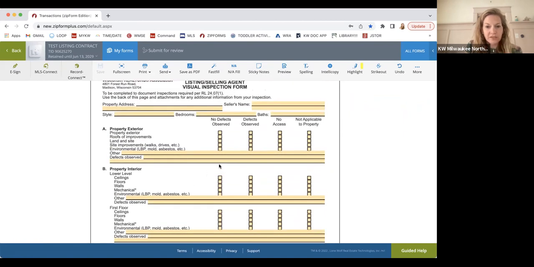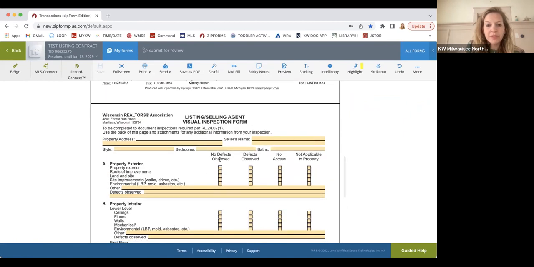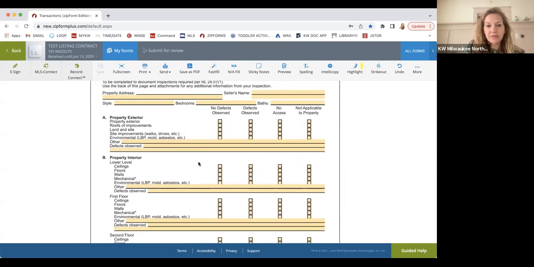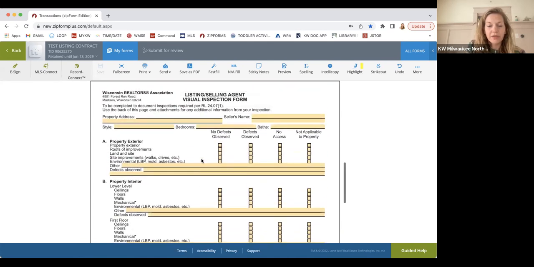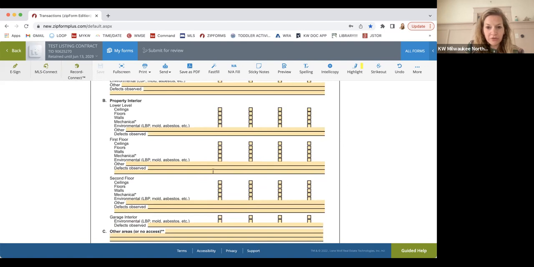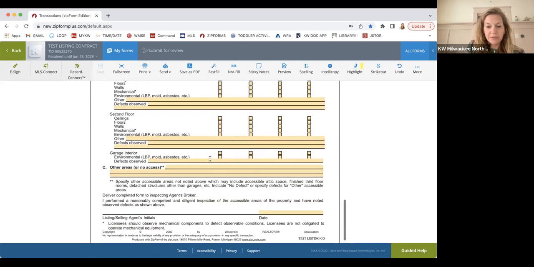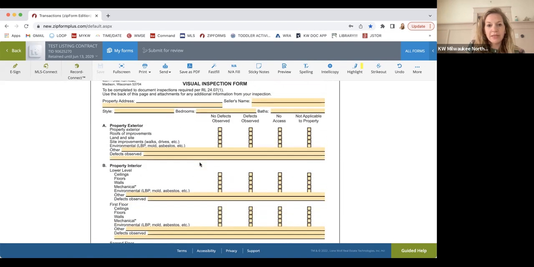Again, it's our duty to walk through the home. And this just is a form for us to use to mark down our observations about a home, and whether or not we see potential defects. This is just an internal form that we would keep for ourselves, but this is also a good spot, again, to track what you see in the house.